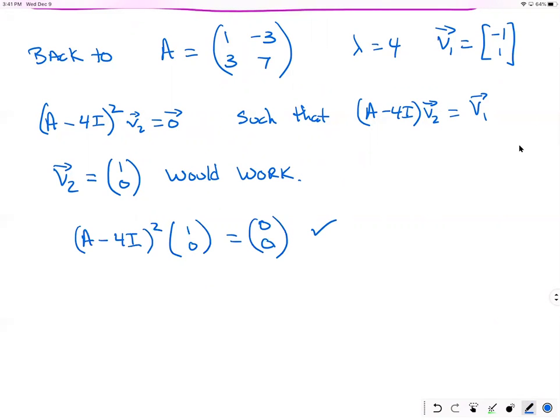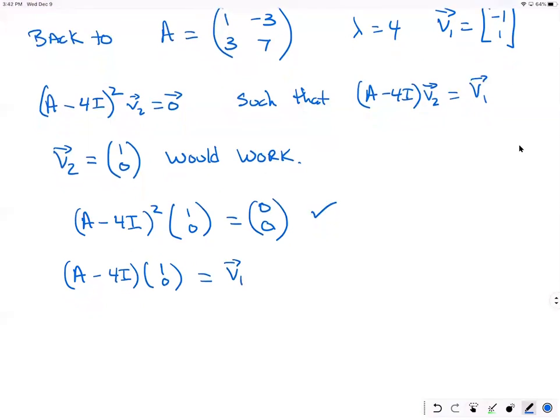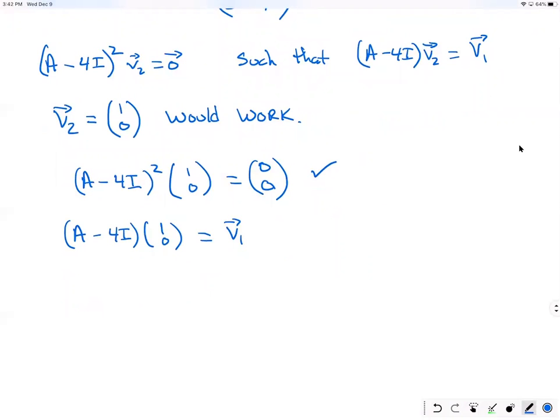And the second thing I need is for (A minus 4I), A minus lambda I, times that v2, which is (1, 0) in this case, to equal v1. So is that true? Those are the two things I need.